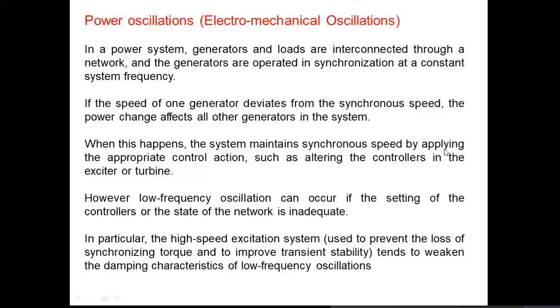To get back to the synchronous speed, some controller action is needed. You have to change the gains of the controllers, which could be on the exciter side or on the turbine side as well. So you have to apply control actions on the generator so as to get the frequency back to the nominal or desired value.